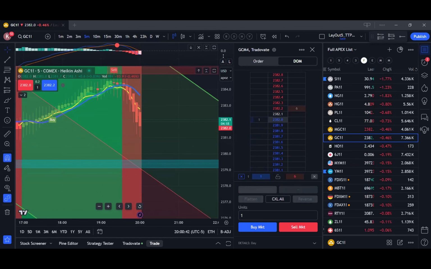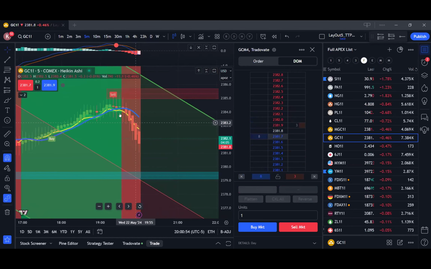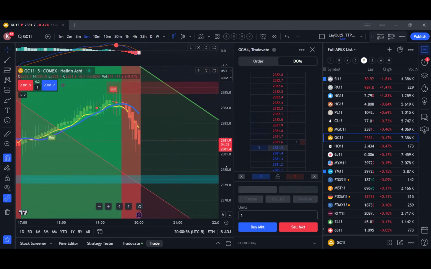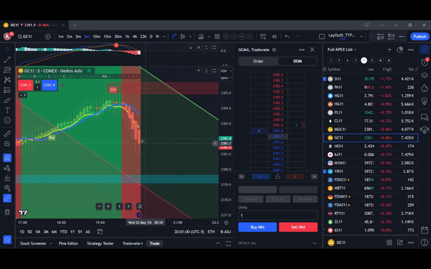Here the selling pressure is reducing, so I book the profits here. You can also book the profits in gold. It may go a little bit up and again come down to this level, 2379.